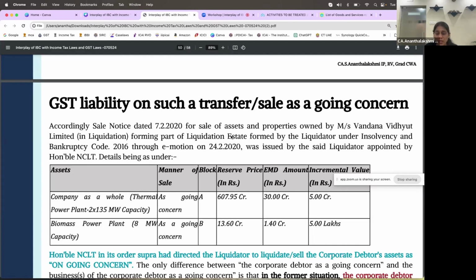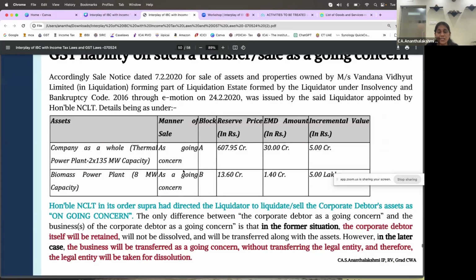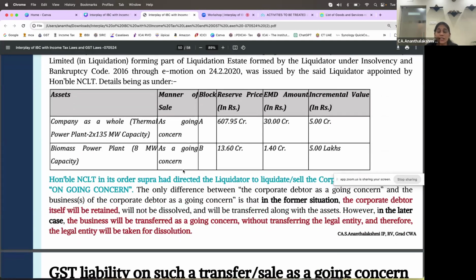So whenever you are appointed as liquidator, and whenever this going concern concept comes, ensure you are fulfilling the conditions. If you fulfill the conditions, you can go ahead taking it as a going concern and no GST needs to be paid. Because if the stakeholders committee is there, you will be held responsible for saying no GST.